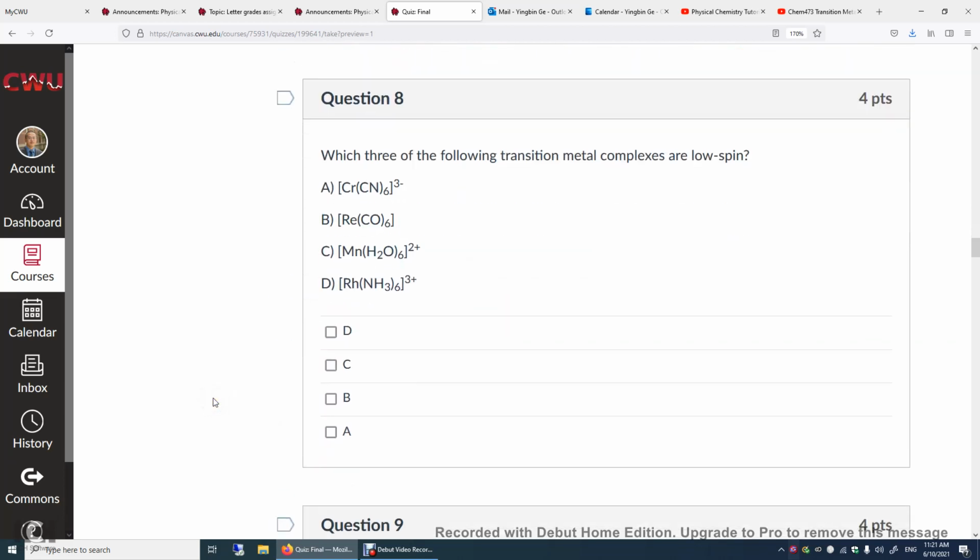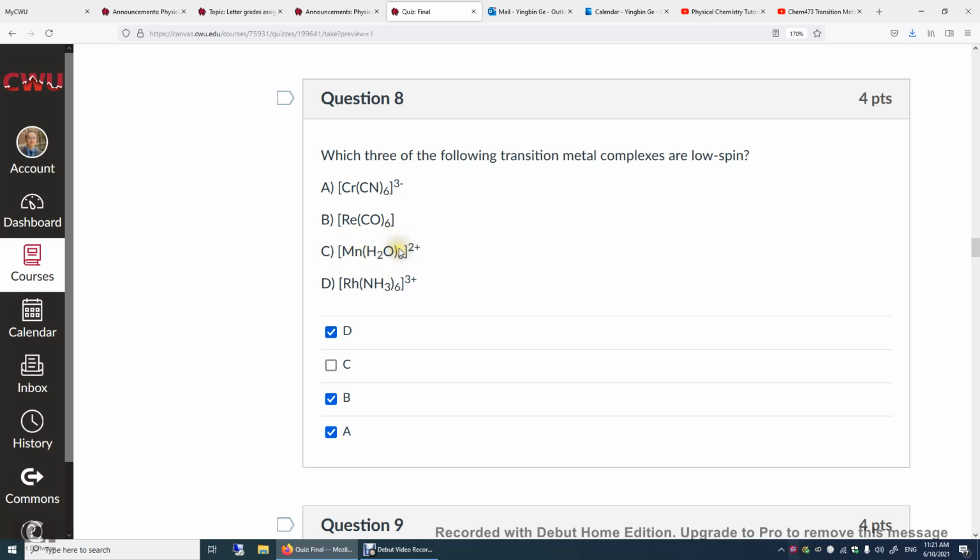Which of the following transition metal complexes are low spin? Cyanido, strong field ligand, so low spin. Re, 4d transition metal, low spin. Rhodium, 5d, low spin. Manganese, that's 3d, and water ligands are weak field ligands, so do not choose this one.